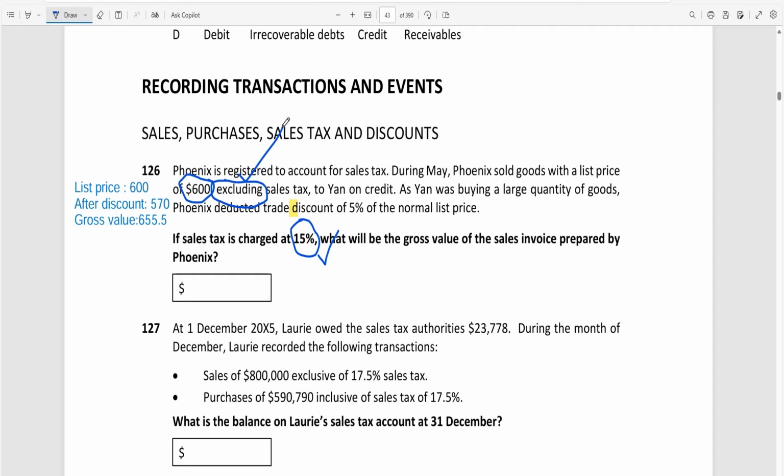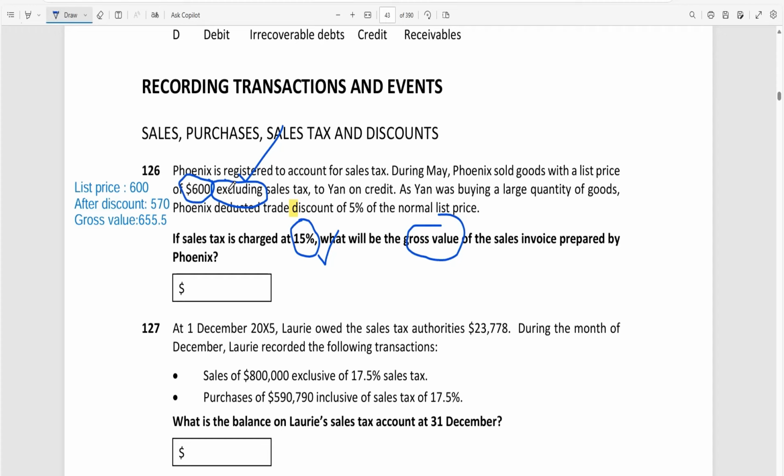You need to figure out those things. Then what the question is asking, in our case the gross value. Some students might miss the word gross, and due to which they will answer 570, which is incorrect.